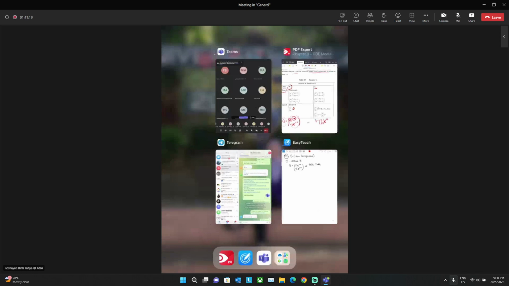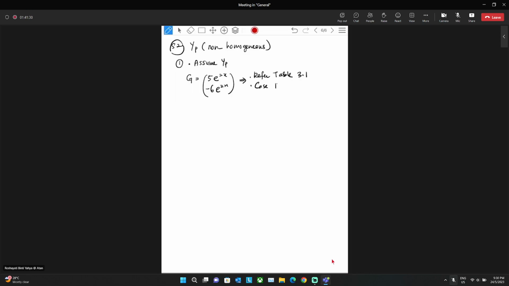Refer to table 3.1 just now. Okay, so that case 2. Okay. Exponent. Okay, so YP equal to CD exponential kx then become CD exponential 2x because these two come from 2 here.